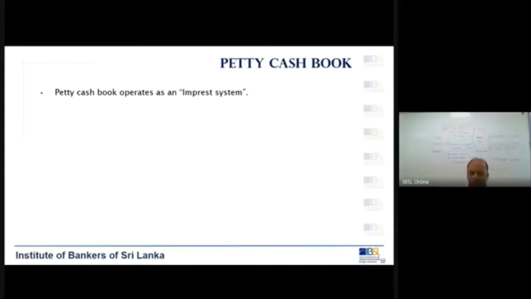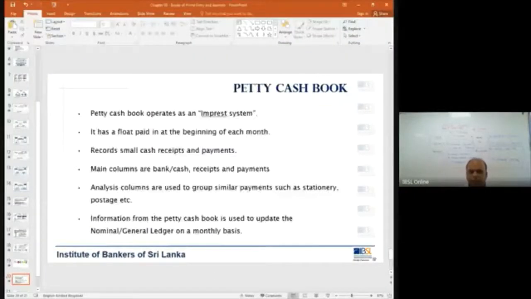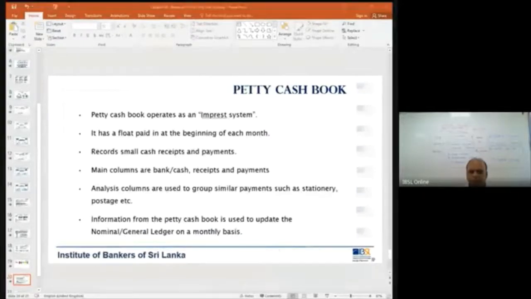At the end of the month, for all the payments he has made, he will prepare invoices, bills and the particulars, and get them signed by whoever received cash. That total will be given back to the main cashier, and that amount will get replenished. We call it by the term replenished. So let me explain this on the board so that you will understand better.